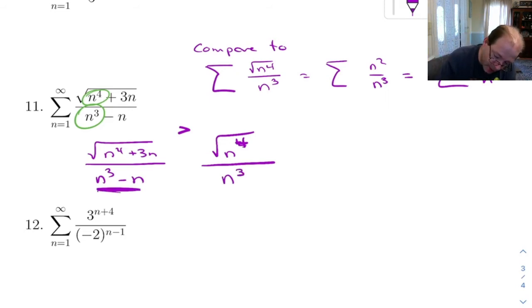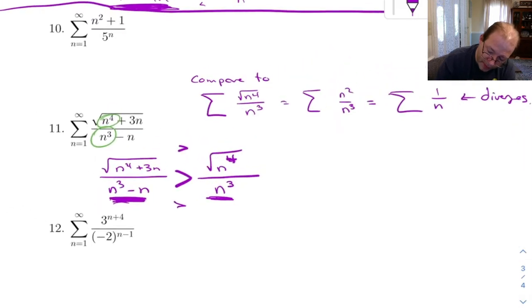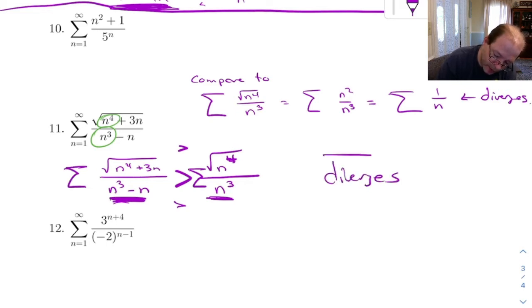This is a smaller value than that, which makes this number over here bigger. So we get this, and so this series over here we know diverges. This series is bigger, so this is also going to diverge by the comparison.